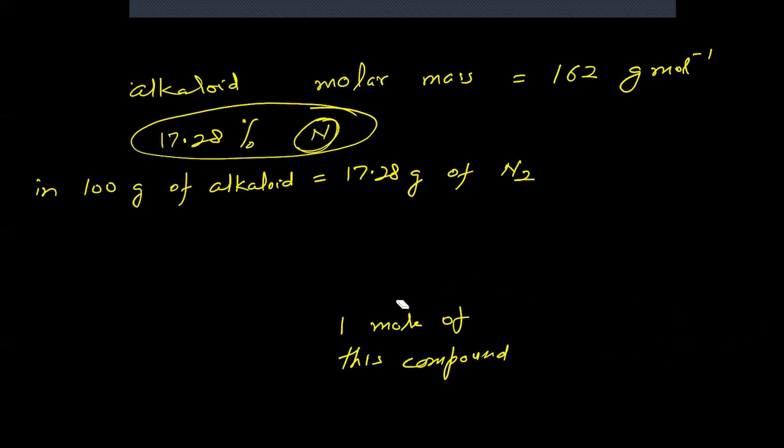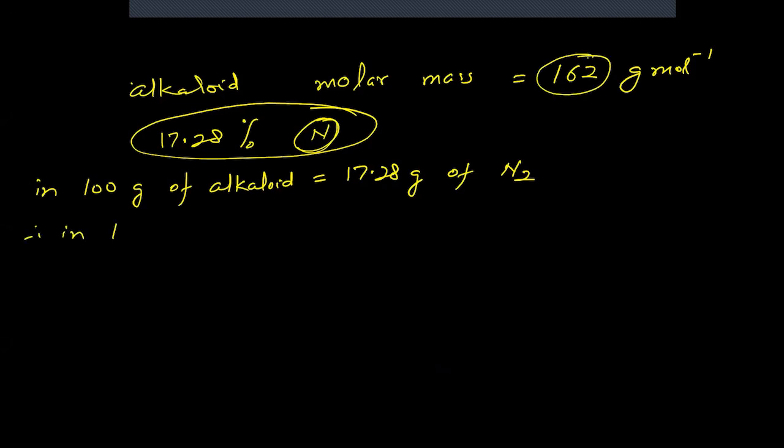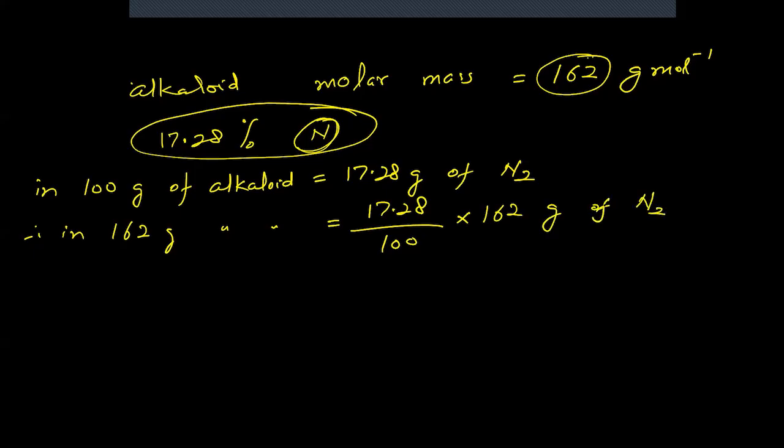Hence, in 162 grams of alkaloid, there will be 17.28 divided by 100 into 162 grams of nitrogen. Is this clear up to here? Yes, sir. Why am I calculating in 162 grams? Because I know that 162 grams is equal to 1 mole. That's why.